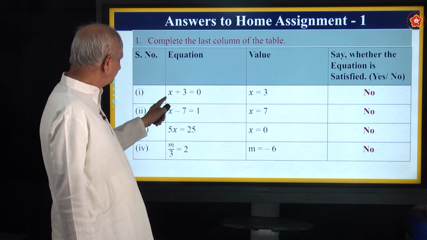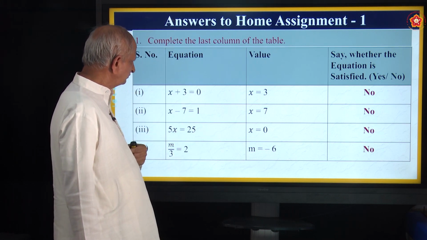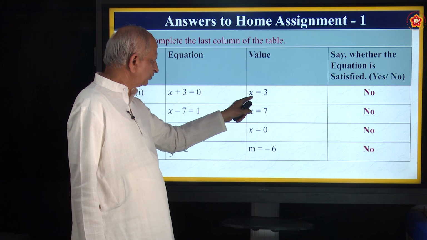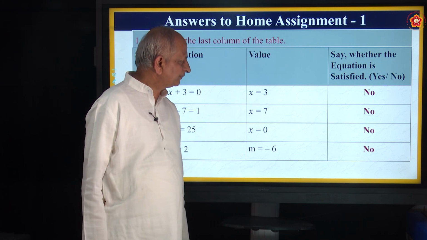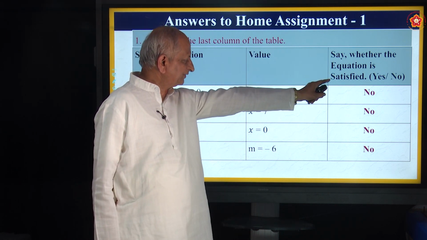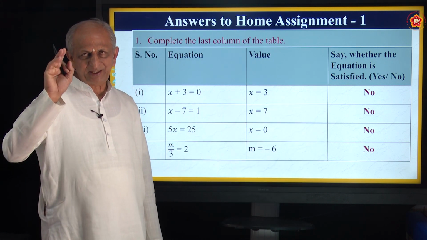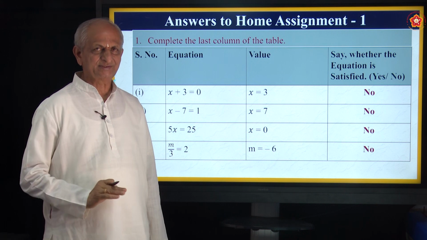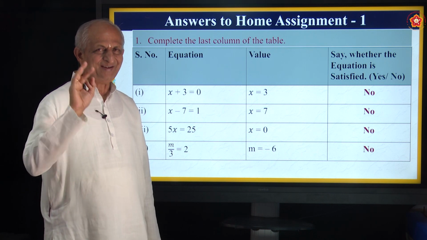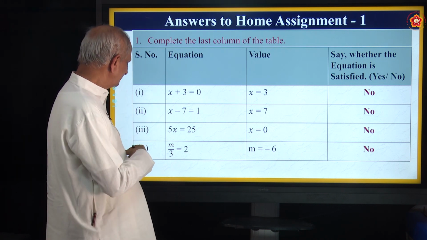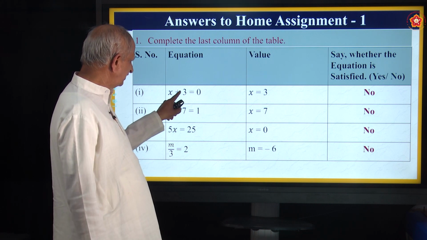So, here x plus 3 is equal to 0 is the equation given. If the value of x is equal to 3, you must tell whether the equation is satisfied or not. If it is satisfied, you must write yes. If it is not satisfied, write no. Okay? See here, x plus 3 is equal to 0.